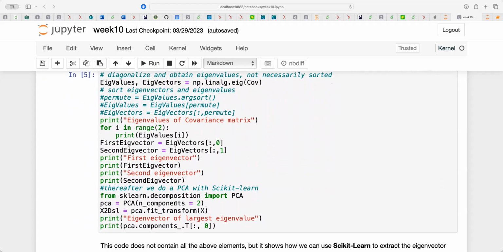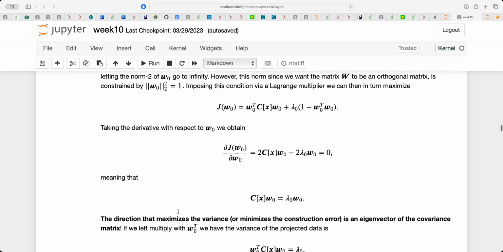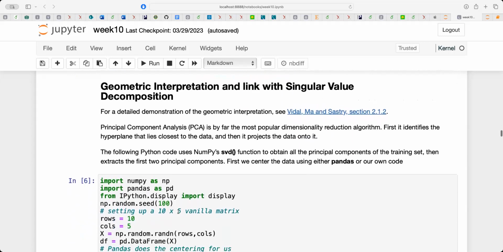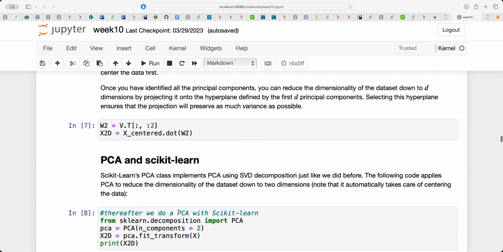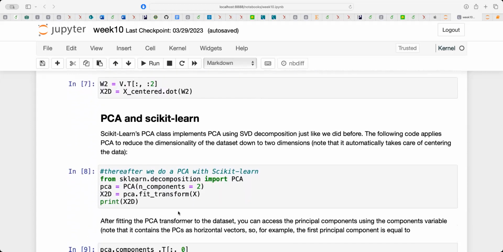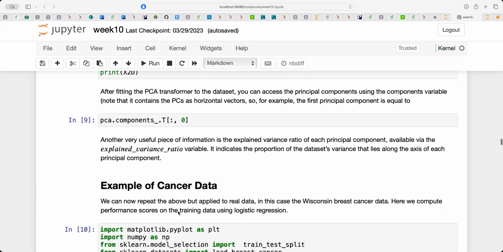You can put in a cutoff if you want to, etc. These are just simple examples, which I invite you to take a look at. I'm not going to go through all these details, because this is basically what we went through on the whiteboard, and there are several small examples on how you can use it to define how many components you want to keep.